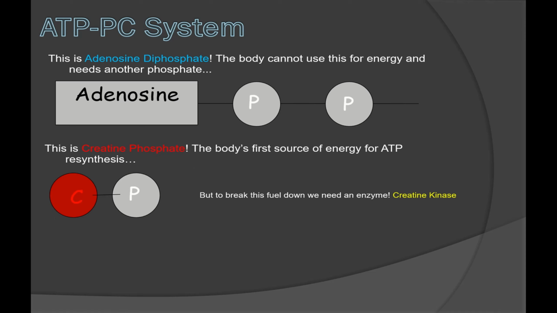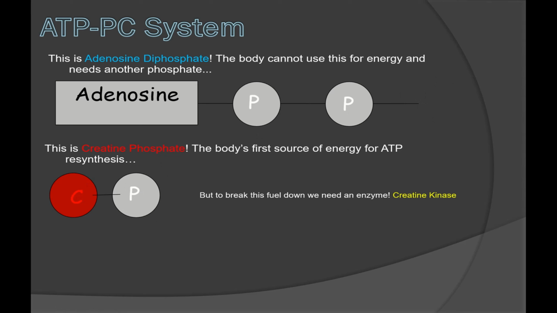So what happens here is that once ADP has been produced and we're in need of resynthesis, the first fuel which is called upon is creatine phosphate. Now what has to happen here is that creatine needs to donate its phosphate group over to the ADP molecule to make ATP. Now in order to do that, in order to break this fuel down, of course, we need an enzyme.